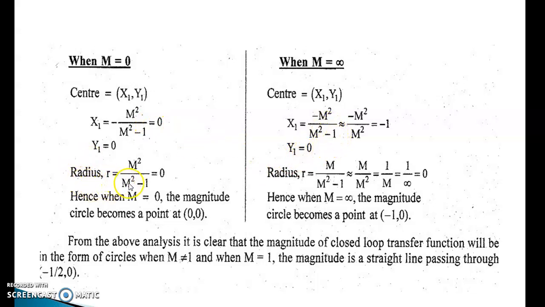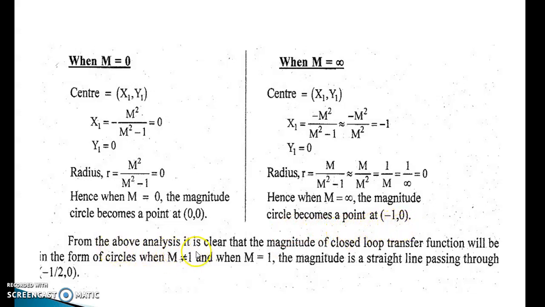The radius r is equal to m by m square minus 1, which is approximately 0. Hence, when m is equal to 0, the M circle becomes a point at (0, 0). When m is equal to infinity, x1 is approximately equal to minus 1, y1 is equal to 0, and the radius is approximately 1 by infinity, which is equal to 0. So the circle becomes a point at (minus 1, 0).